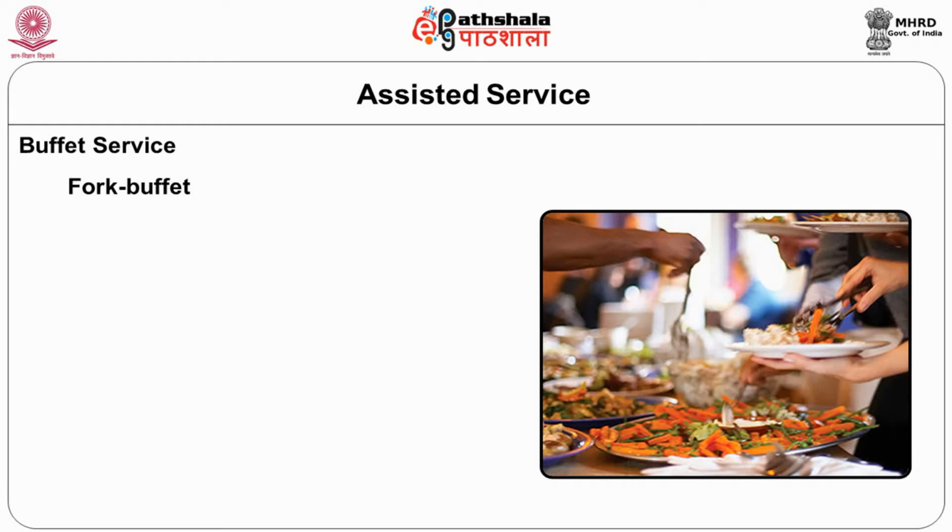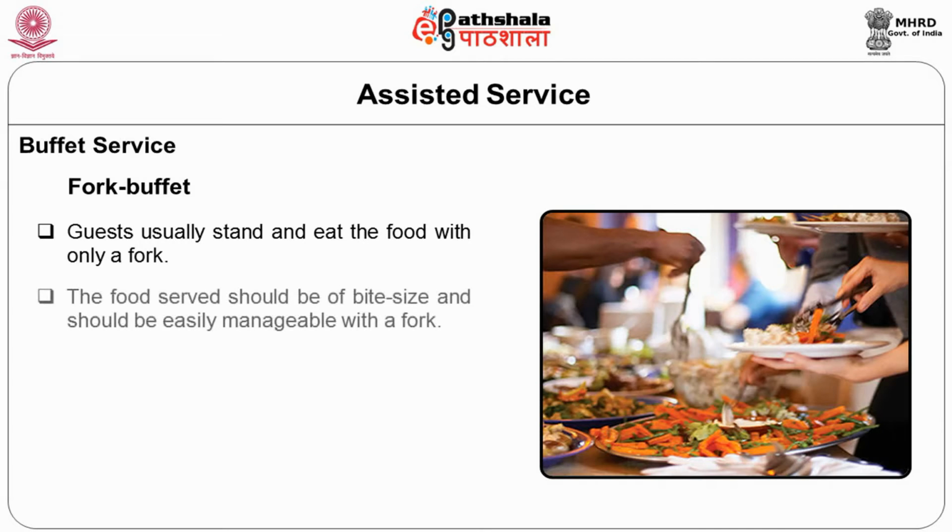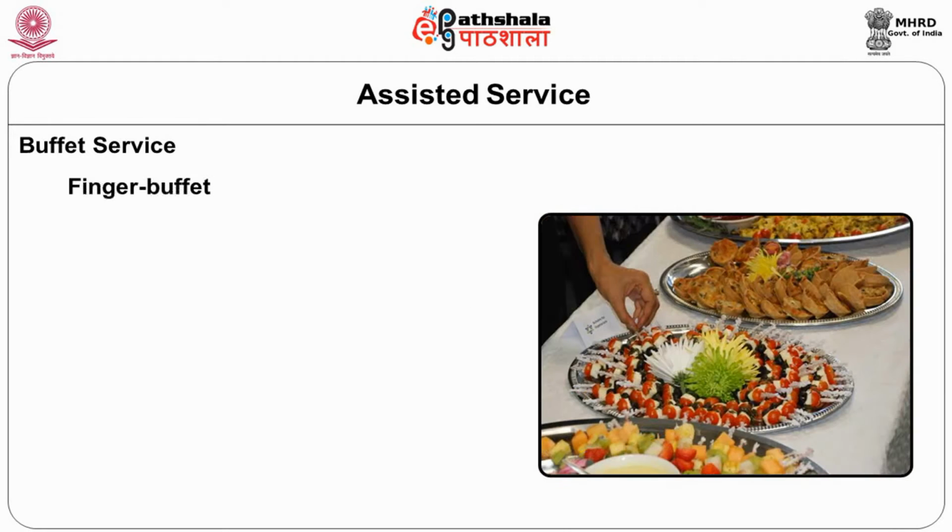Another type of buffet is called fork buffet. In a fork buffet, guests usually stand and eat the food with only a fork. The food served should be of bite size and should be easily manageable with a fork. The third type of buffet is called a finger buffet.